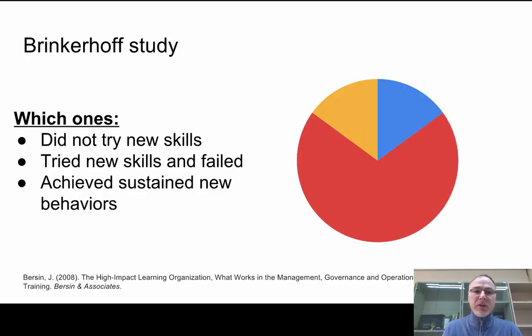So you have to ask yourself, what were the big causes? In one of the subsequent studies, the Brinkerhoff study, very few people actually achieved sustained new behaviors. Most people did not try new skills. Many people did not try the skills. Most people tried them and failed.